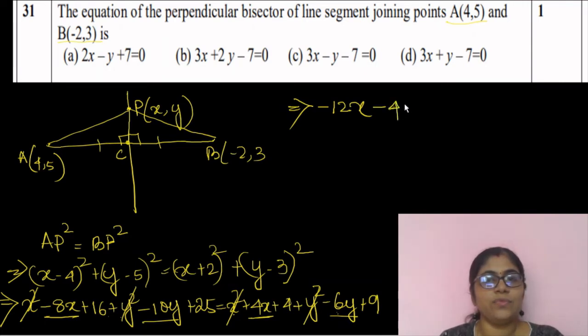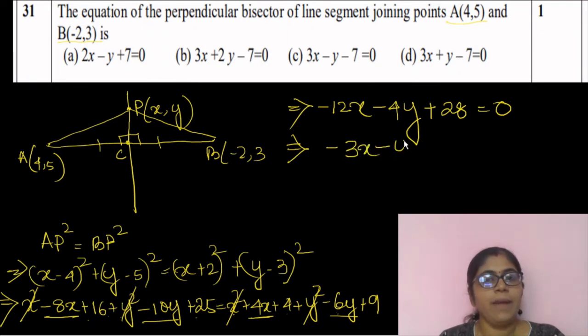So minus 4y and plus 16 plus 25 minus 4 minus 9 will be 28 equals 0. So which is the equation similar to this? Dividing by minus 4, minus 3x minus y plus 7 equals 0.